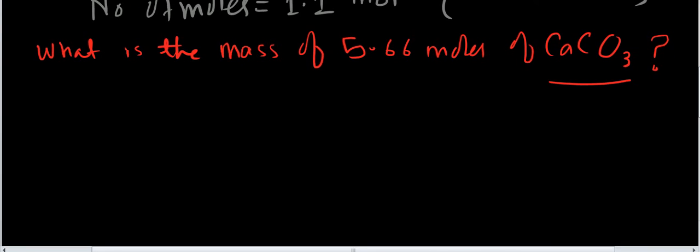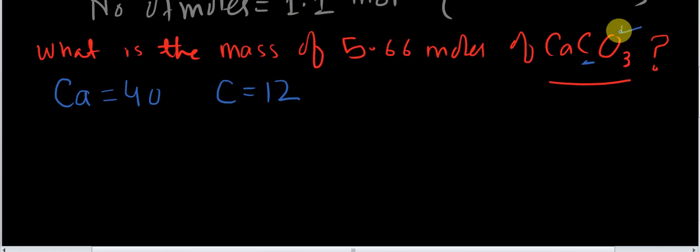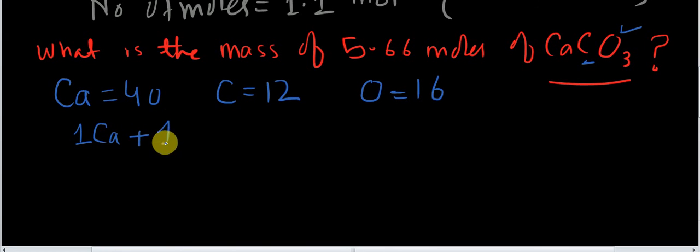Look at the periodic table and see what is the atomic mass of calcium. Calcium has 40. What is the atomic mass of carbon? Carbon has 12. And what is the atomic mass of oxygen? Oxygen has 16. How many calciums are present? There is only one calcium, one Ca. How many carbon? One carbon.